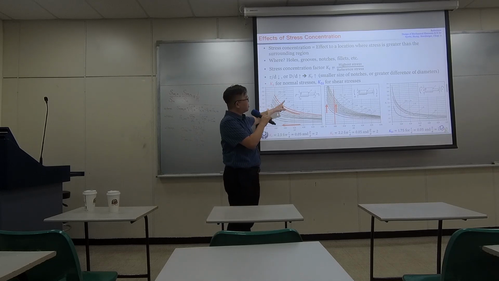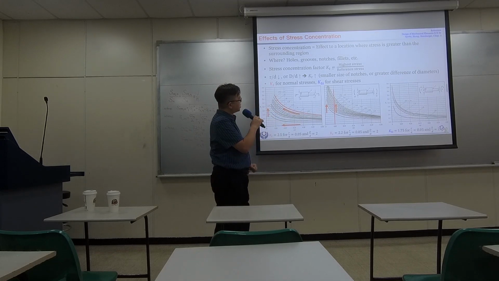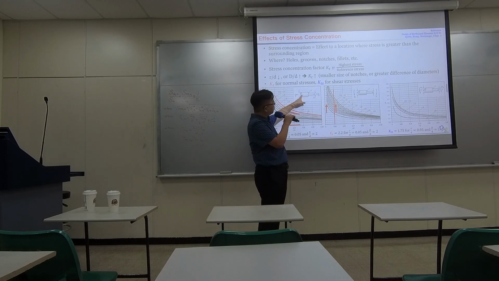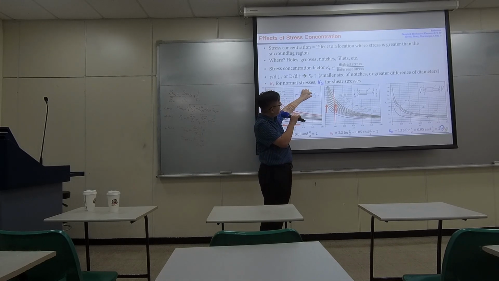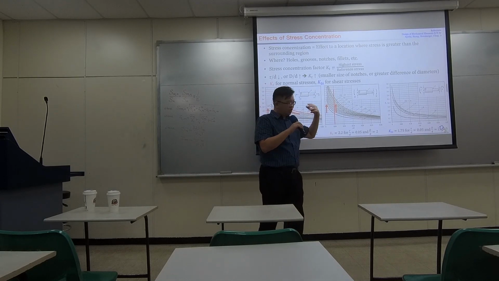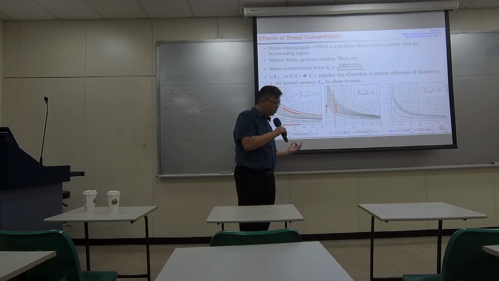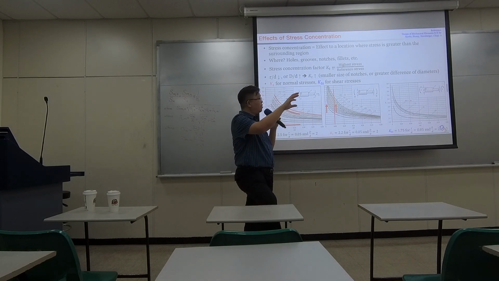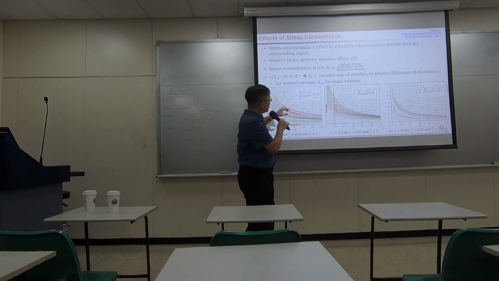So let's take a look at these three standard tables. Over here you see a shaft with two segments. One segment has a larger diameter, the other one has a smaller one. If you use the general equation to compute the normal stress, basically sigma equals Mc over pi d cubed.